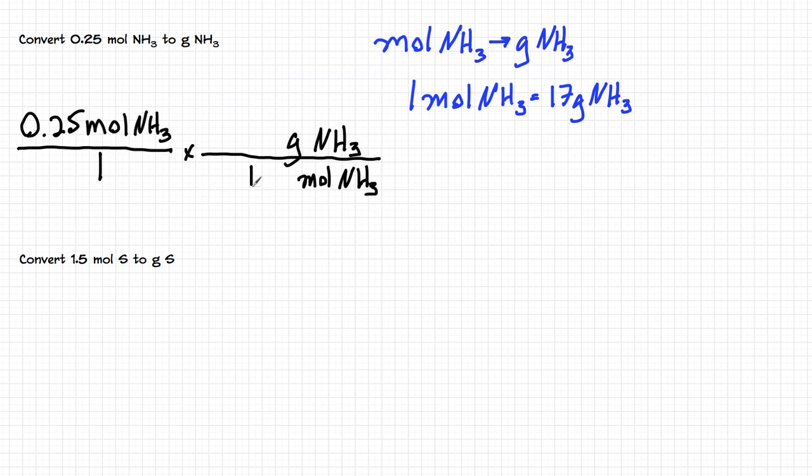And for every 1 mole, I'm going to get 17 grams. And if we do this right, the units should cancel. And they do. And we're only allowed 2 significant figures in our final answer. And I get 4.2 grams of NH3.